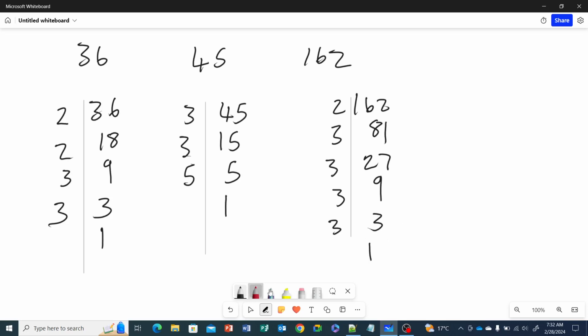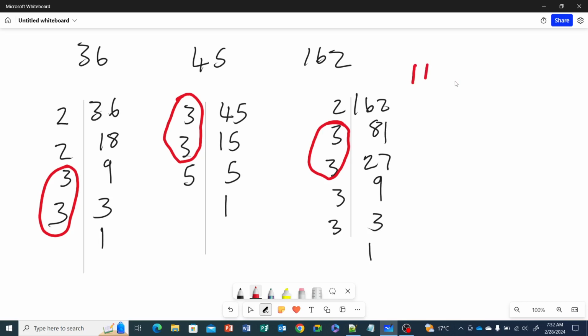Okay, now the common factors between the three numbers will be two threes. Okay, these are the common factors. All right, so now your answer will be your highest common factor, like this.